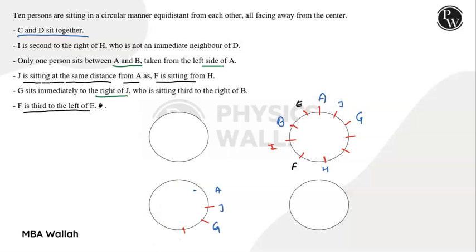So we are left with only one case where two positions are vacant together, and those two positions are for C and D. But we are given that H is not the immediate neighbor of D, so D will be the neighbor of G and C will be sitting here. So this is our final arrangement. We will use this arrangement to solve the questions.